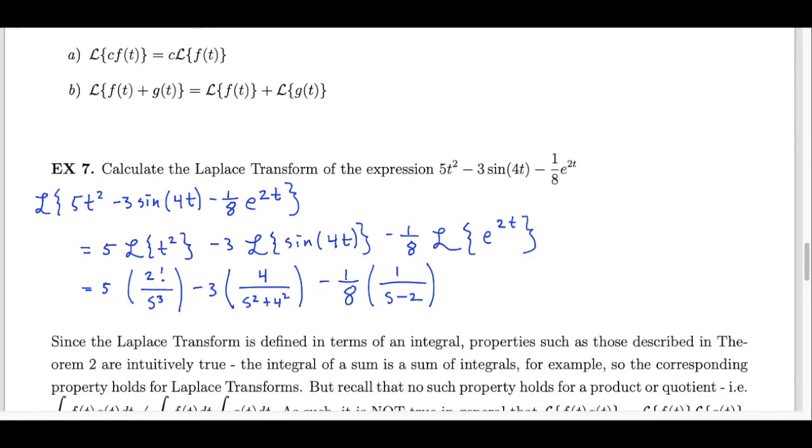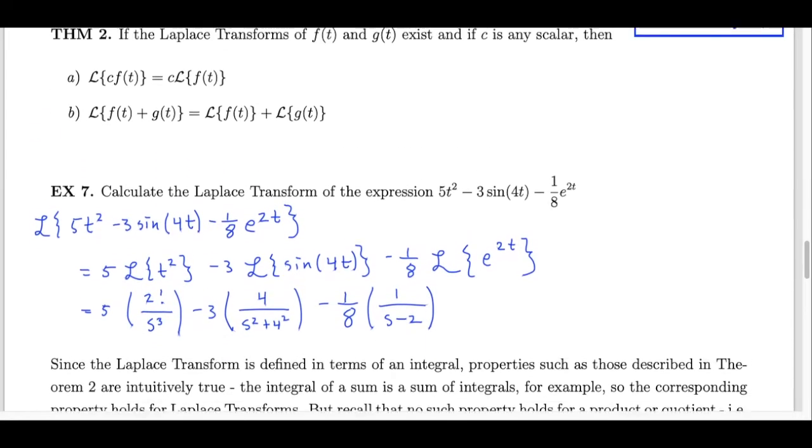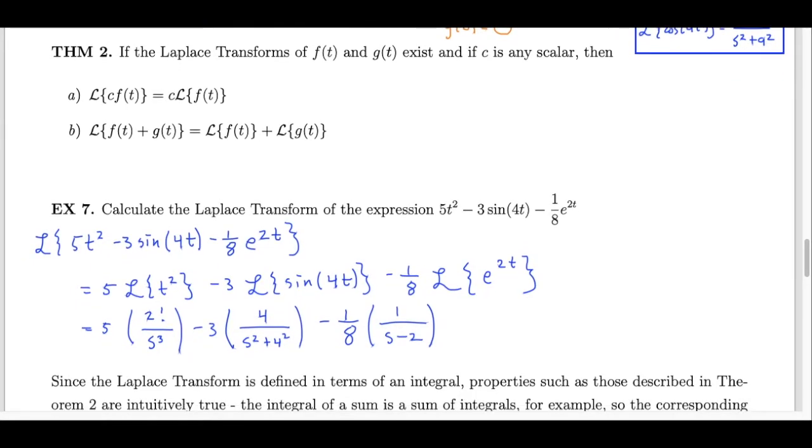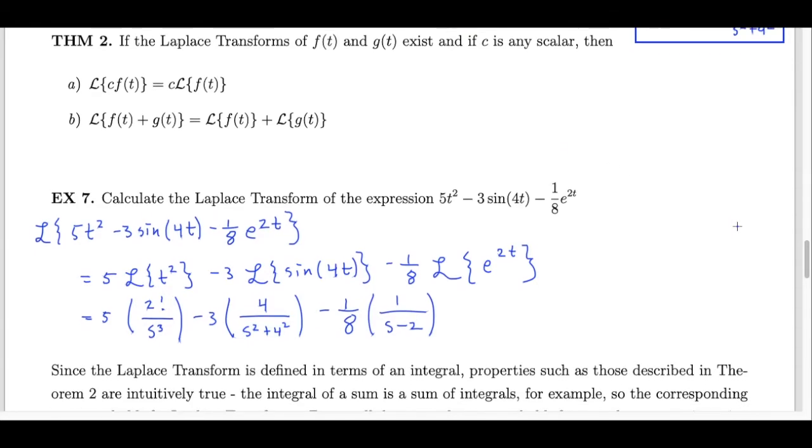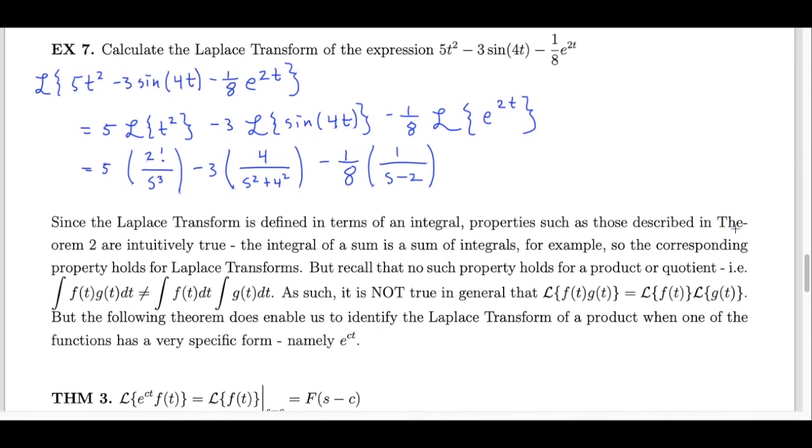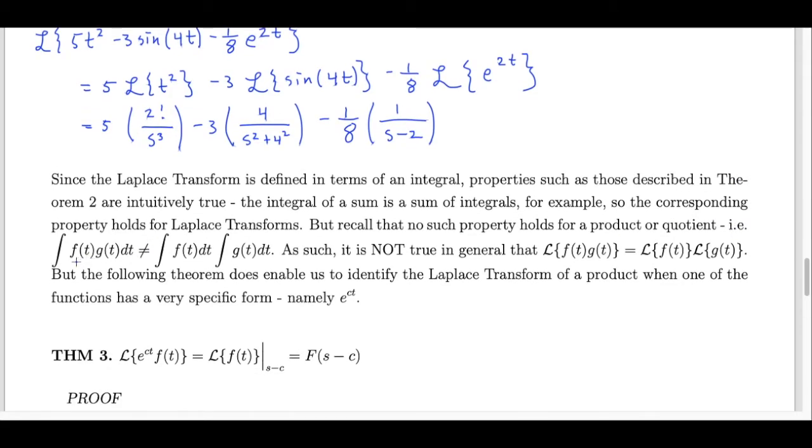The next little paragraph here actually references Theorem 2. In Theorem 2, for example, in Part B, we said that the Laplace transform of a sum is the sum of the Laplace transforms. So this paragraph asks, is the same thing true for a product? And hopefully you recall that when dealing with integrals generally, we are not allowed to integrate a product by simply integrating each individual factor and then multiplying.